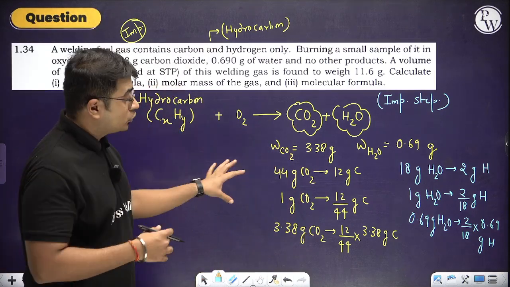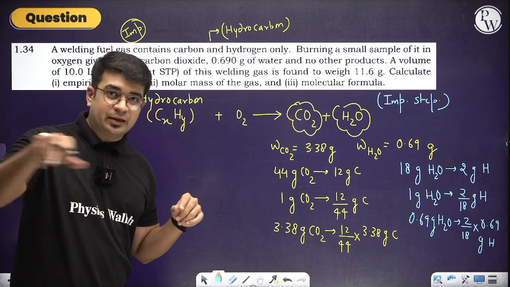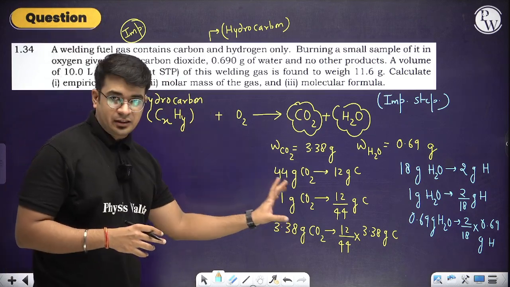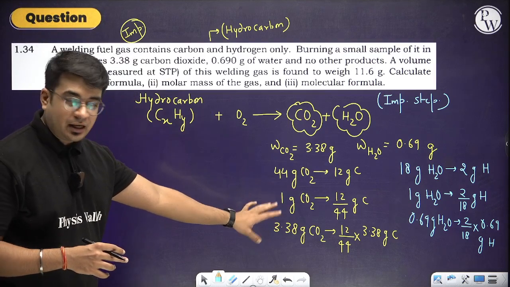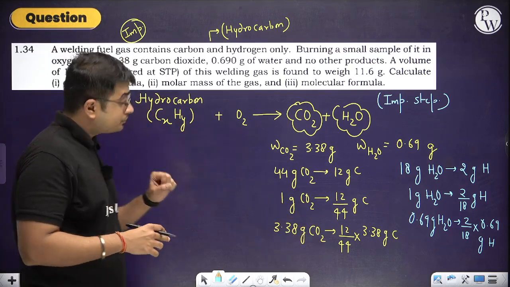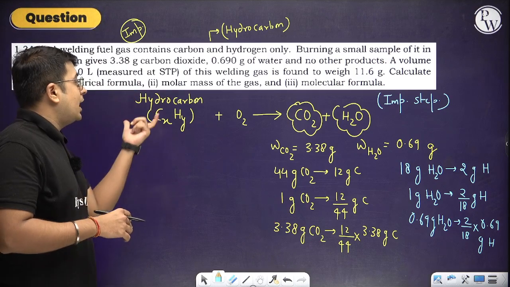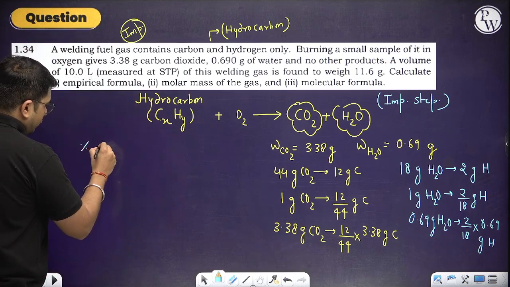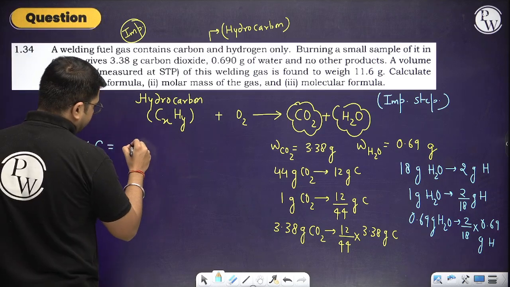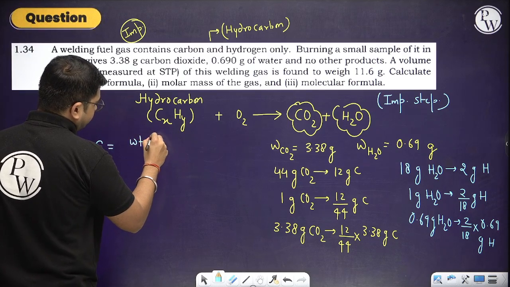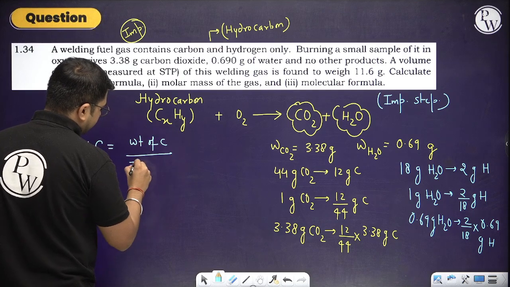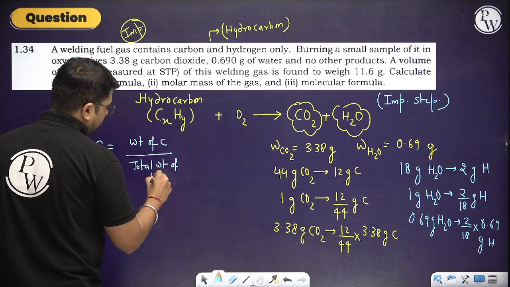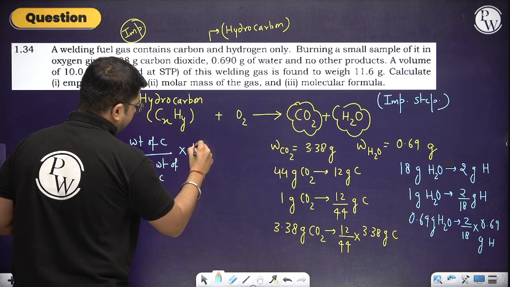But here I am going to talk about the same formulation, the table formulation, because that part is already clear to us. So this is the first step. Have you calculated this entire part? I hope this part is clear to everyone. Now to calculate the amount of CxHy, if we talk about the percentage of carbon, we know the weight of carbon divided by the total weight of hydrocarbon multiplied by 100.